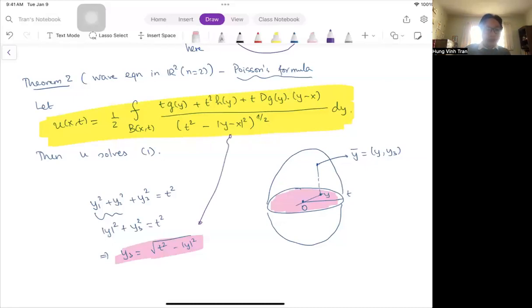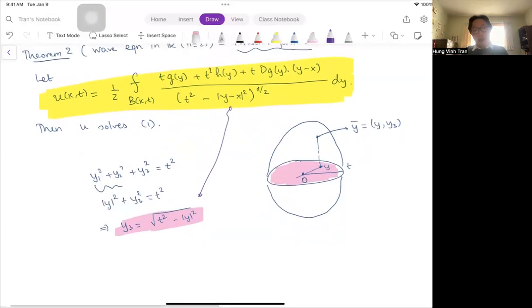Now let me conclude. In theorem 1, I made an important remark that what determines the value of u at a point is only the value of the initial data on a sphere around it.